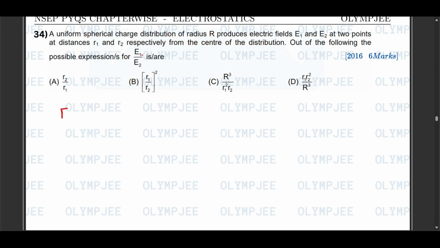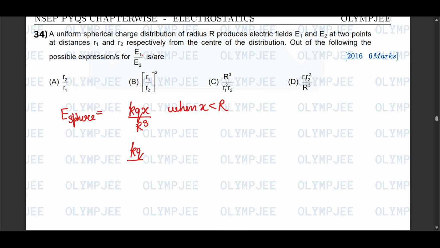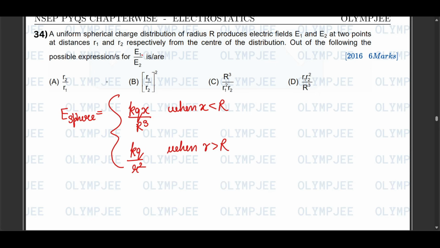So this is given as kqx divided by r cube when x is less than r, and kq by r square, sorry, I should take small r, when r is greater than r, right? I should take r also here instead of x, so that distance is represented by r in both the terms.